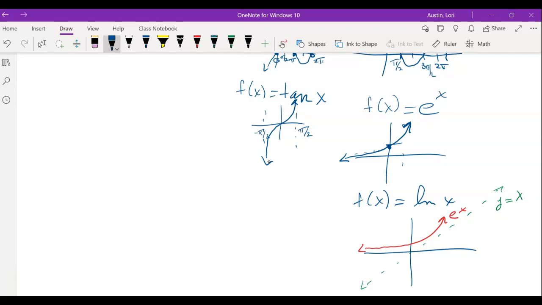So where we had the point, remember this point was 0, 1. We said when we plugged in 0, we got 1. The inverse of that is 1, 0. Okay, and this time the graph is going to go like that. So there's your ln x.